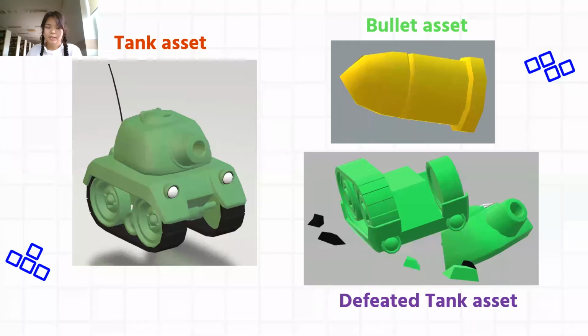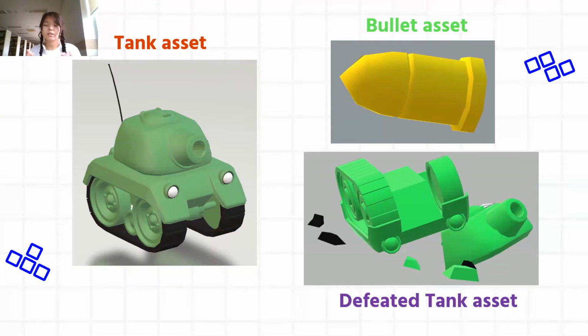And now assets. So we have tank assets. As you could notice that tanks from each team look similar, but the difference is their color. So we also have violet asset.